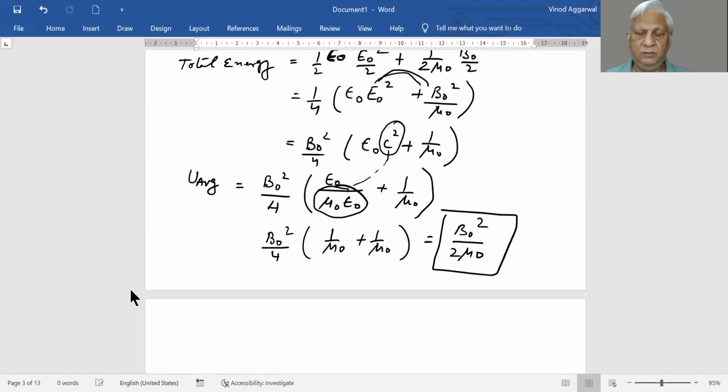This is our formula for total energy possessed by an electromagnetic wave. This is the average density. This is energy density. Average.